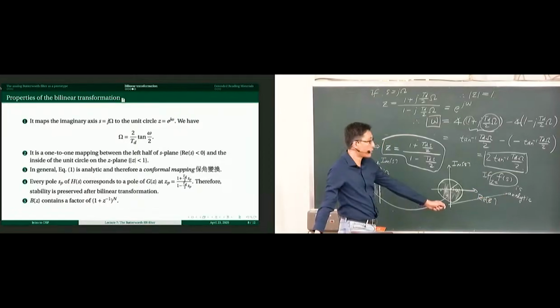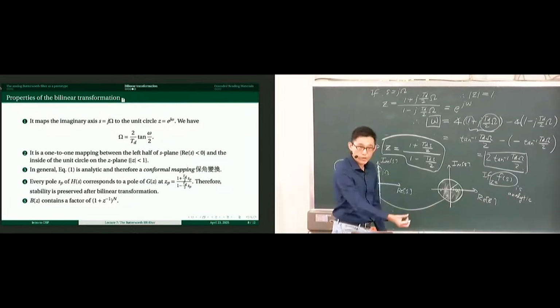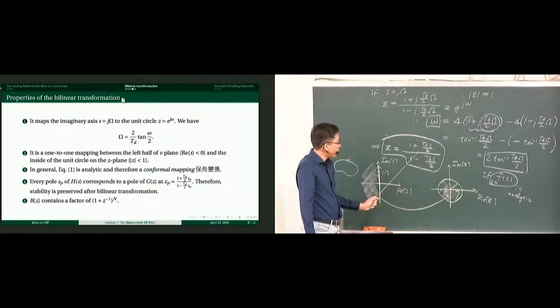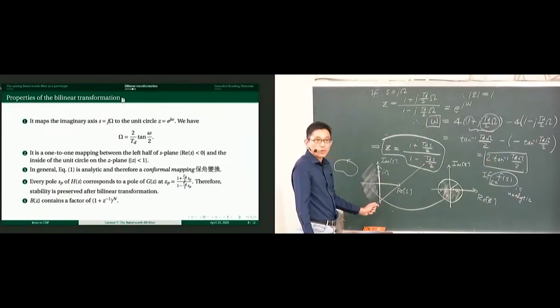In the sense that its real part and imaginary part obey the Cauchy-Riemann relation, 柯西黎曼的关系, it becomes differentiable. If you have a differentiable function, which is differentiable almost everywhere except at the pole location, but everywhere else, Z is a differentiable function with respect to S. 对 S 是可微分的。Here, really everything is complex numbers.